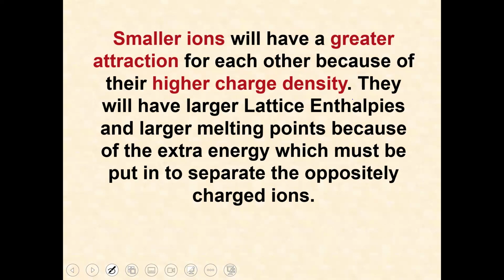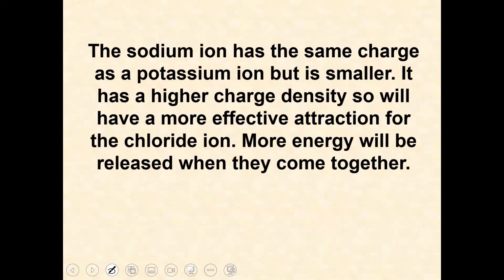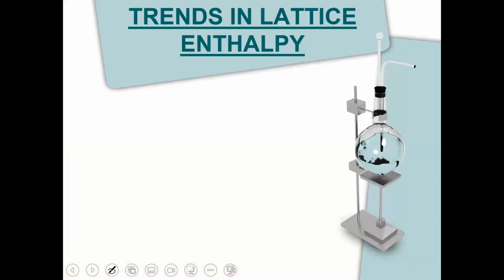Smaller ions will have a greater attraction for each other because of their higher charge density. Now look at sodium chloride 788 and potassium chloride 701. The point is that it is the charge density which determines lattice enthalpy. Now give a new heading, trends in lattice enthalpy.